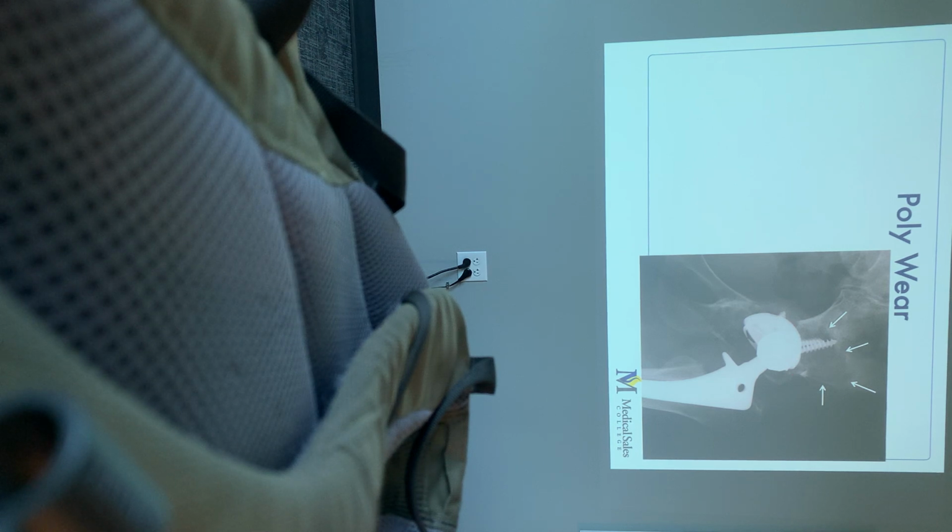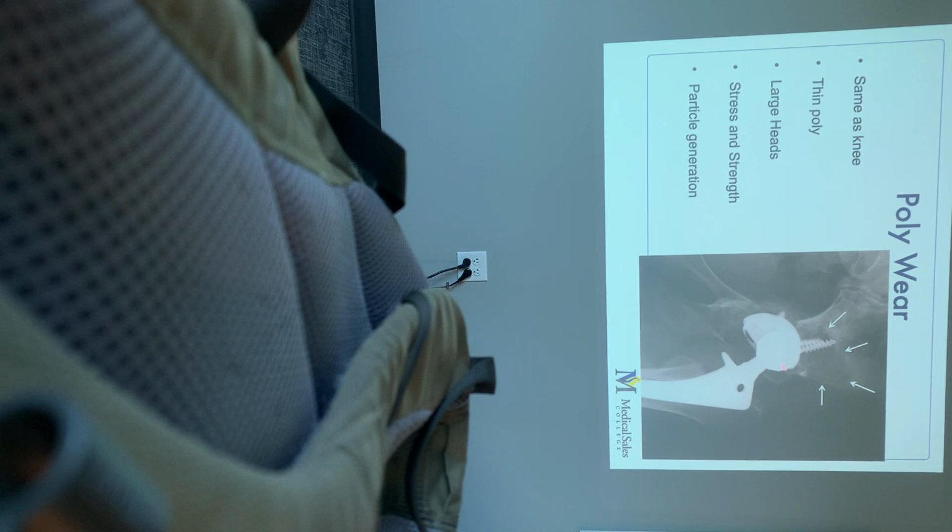So that's the reason for the osteolysis. So thin poly or positioning of the cup, a number of reasons why poly can wear, and the end result in many cases can be osteolysis. And as you know, that's the big O, that's the monster.